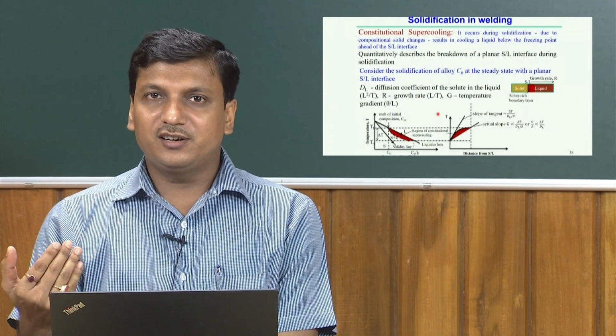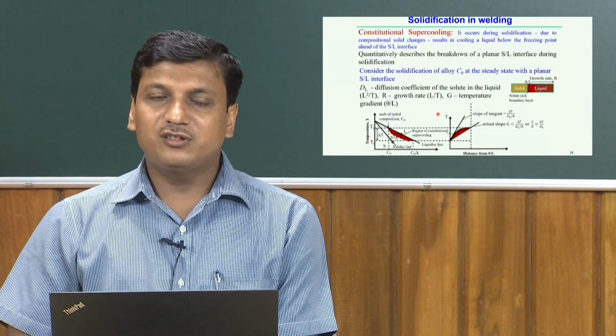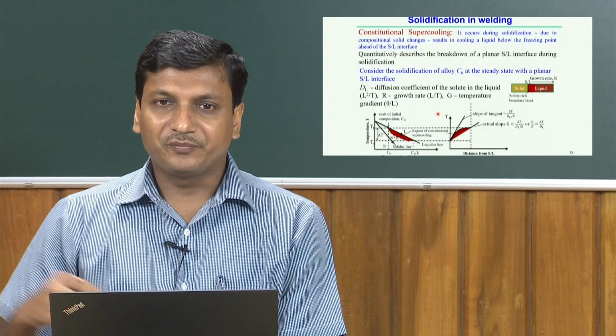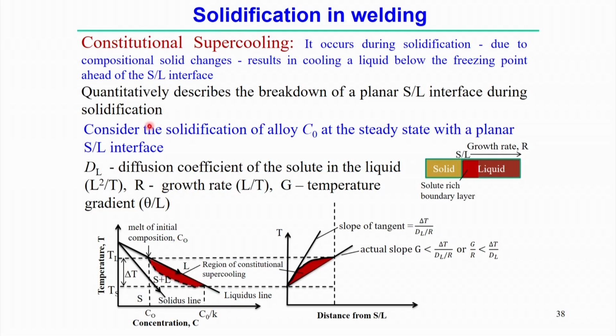the mathematical terms or parameters that govern or are linked with constitutional supercooling are better described by, first, the diffusion coefficient of the solute in the liquid. This D_L represents the diffusion coefficient.